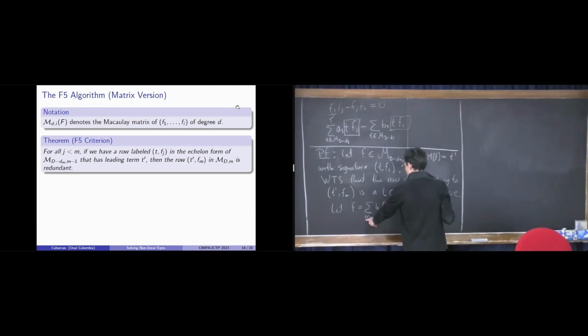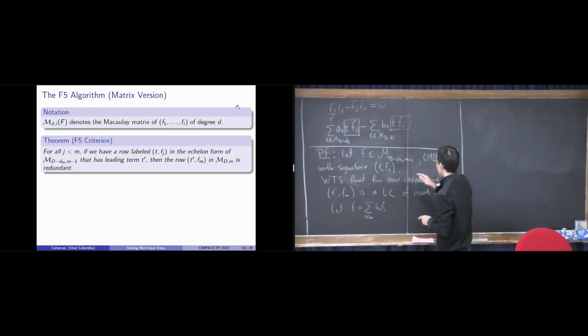What is critical here is that because F is in this Macaulay matrix, it is constructed out of the polynomials Fi with I less than M. That's what is going to be important here.